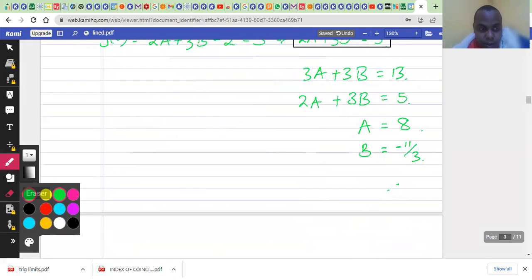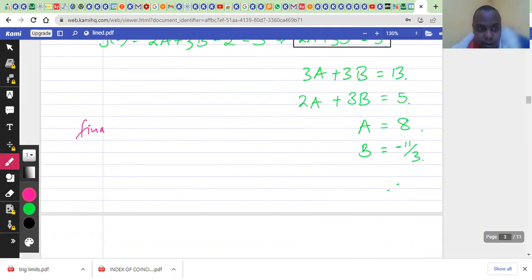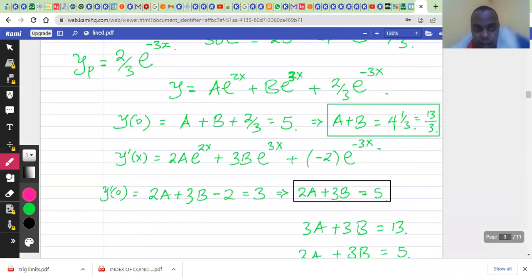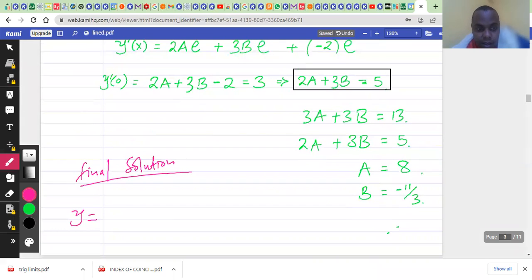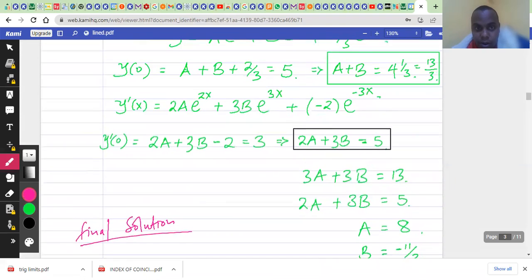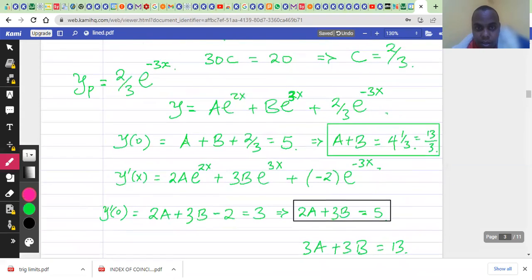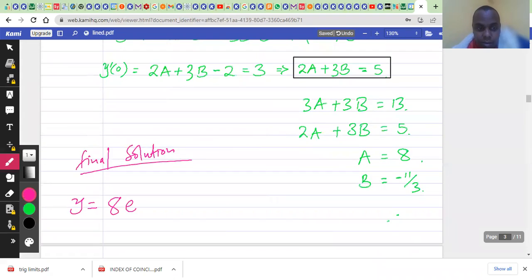And so the final solution should be y equals A, which is 8, e to the power of 2x plus B e to the power of 3x.